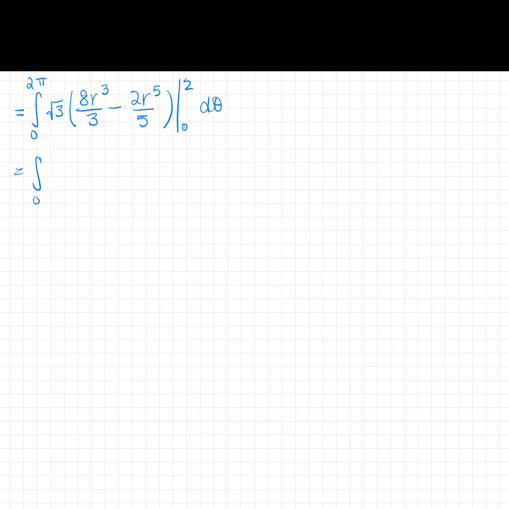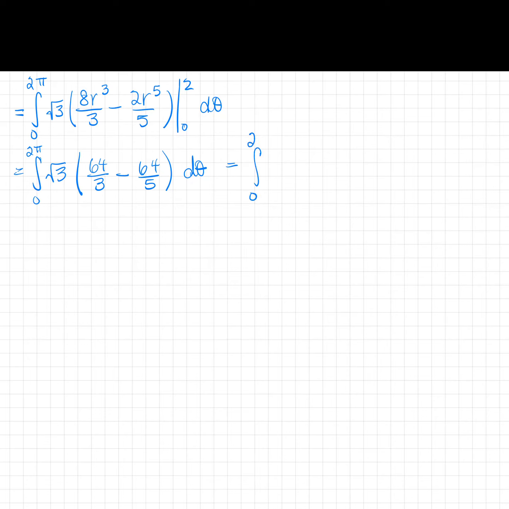So that's the integral from 0 to 2 pi of root 3 times, I'm going to have an 8 times 8 or 64 thirds minus 2 times 2 to the 5th, so 64 fifths, d theta.